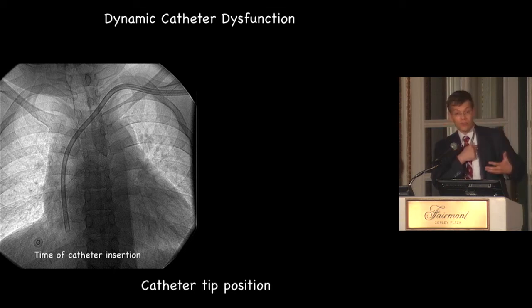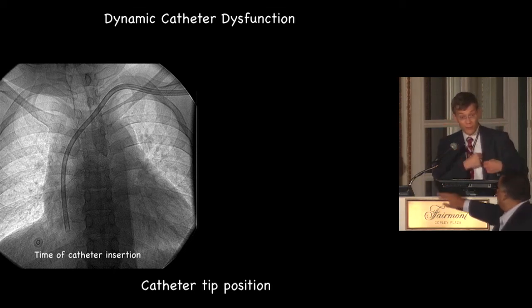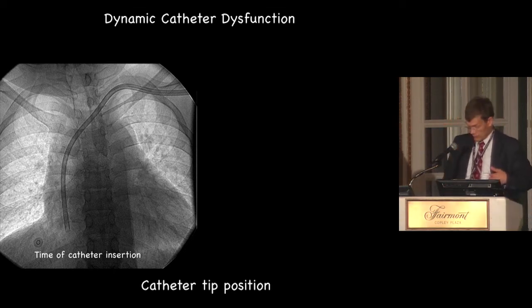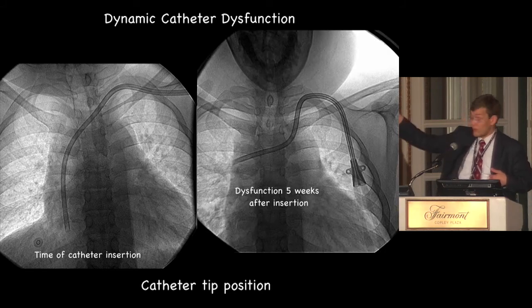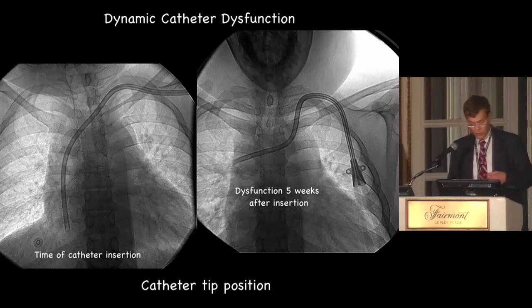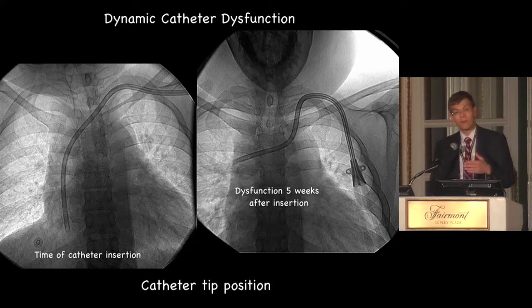As soon as that person sits up, the cuff is pulled down, and what happens is that the tip is pulled back, and then it may get lodged in the sidewall of the vein. So this is usually an early type of catheter dysfunction, and it happens just when they connect the catheter to the machine.